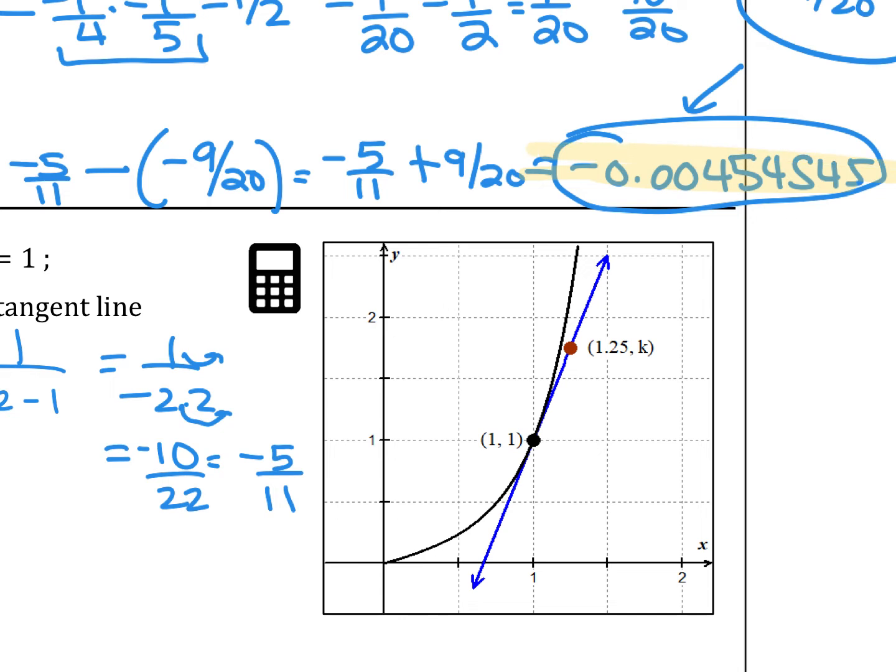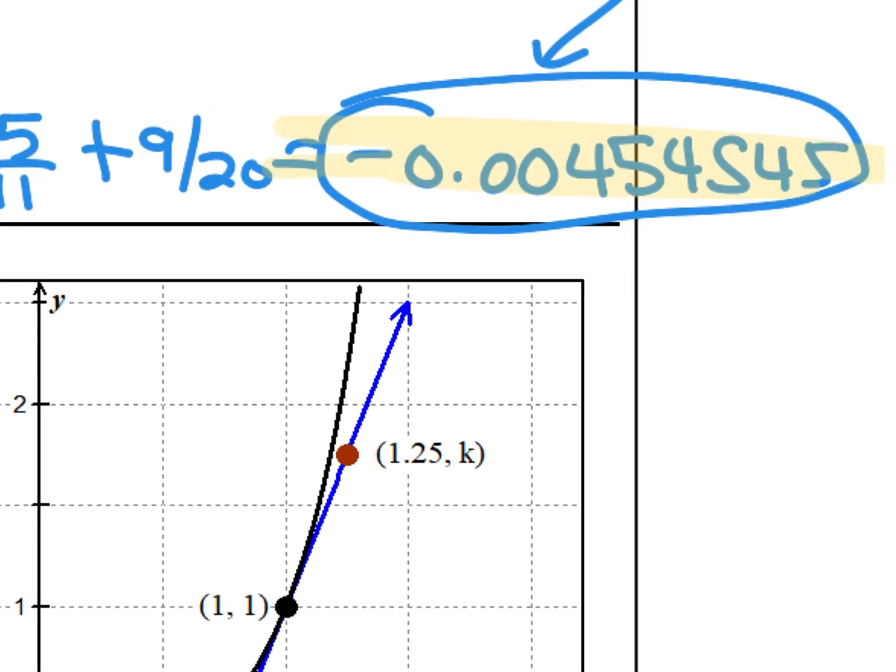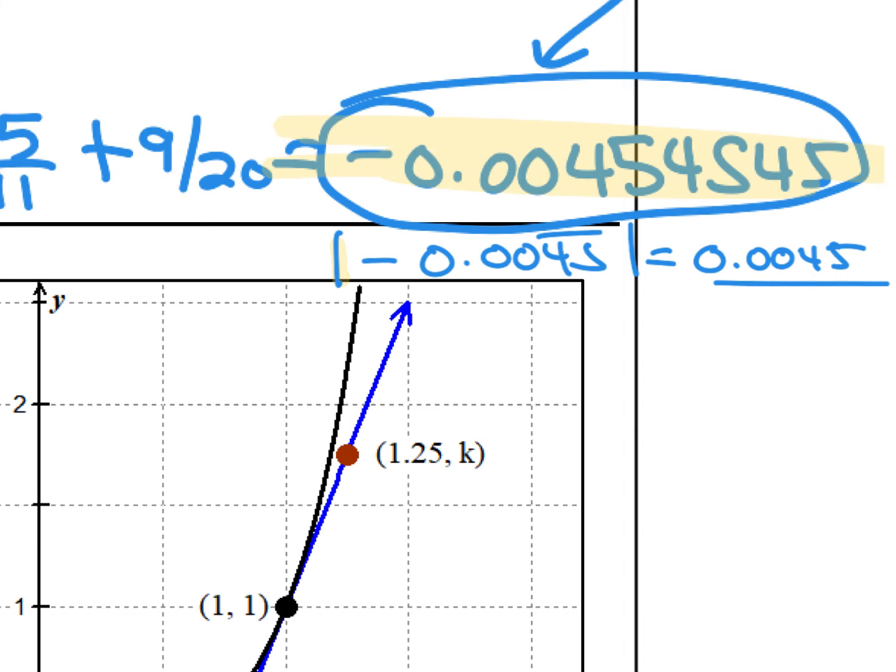You could write it in scientific notation, 4.54 times 10 to the negative third. If I take the absolute value of negative 0.0045 repeating, you get 0.0045. It's your true error.